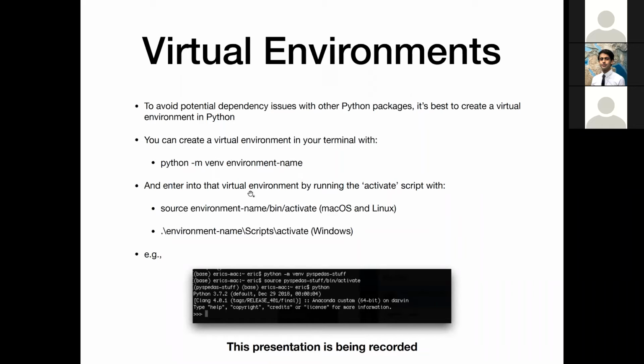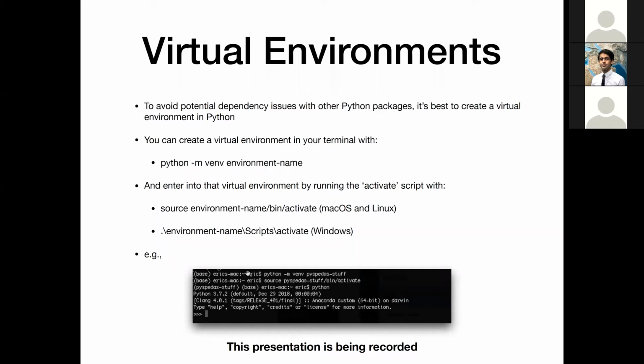And then you enter the virtual environment by running the activate script. So on Mac OS and Linux, you type source, the environment name, /bin/activate. And on Windows, it's the environment name, \Scripts\activate. And so, for example, down here at the bottom, I created a virtual environment called pySPEDAS-stuff, and I just called python -m venv pySPEDAS-stuff.